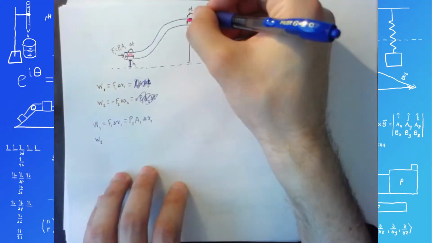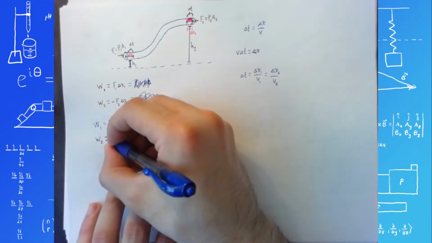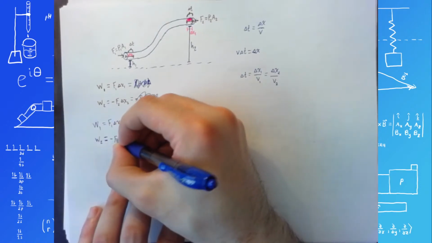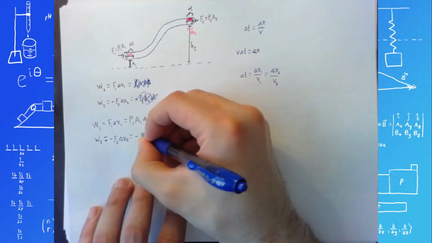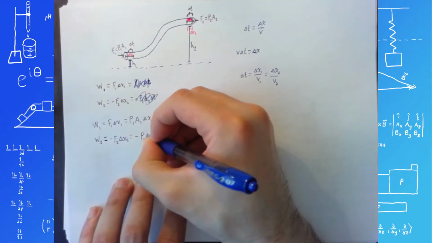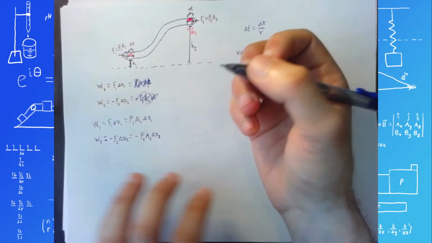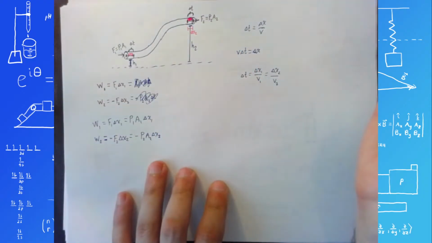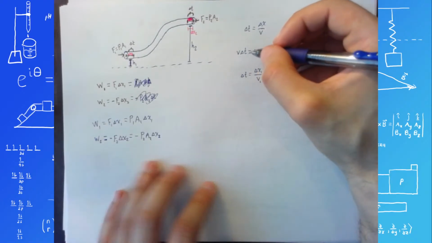And then work done at point 2 over here is going to be negative F2 delta x2, equals negative P2 A2 delta x2. Here we go. And then delta x is equal to v delta t.